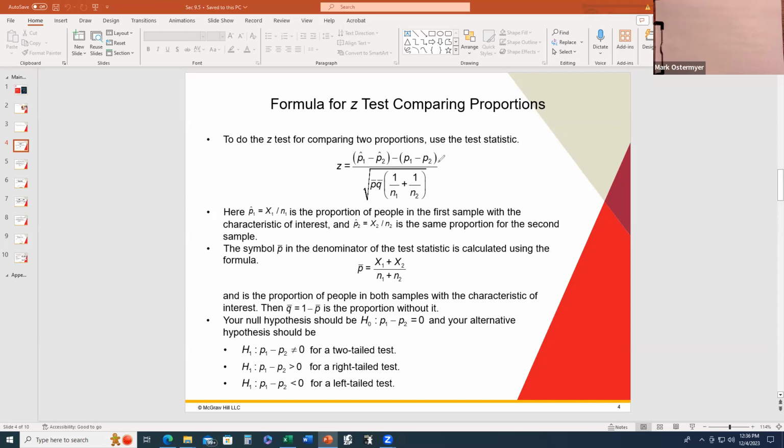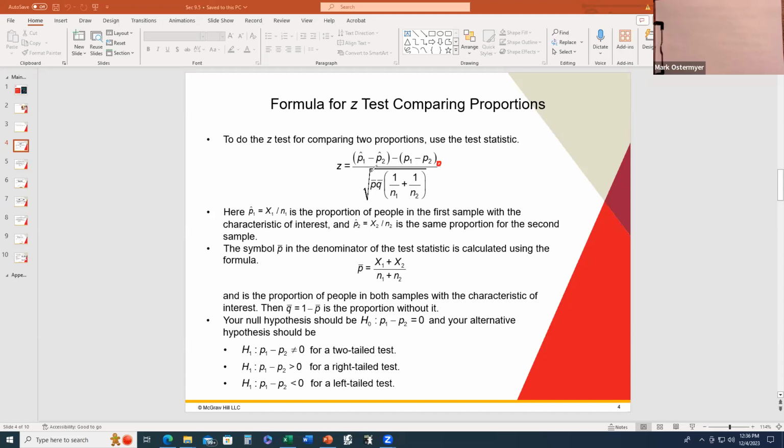So as always, this should be denoted with a little subscript zero there, because that's under the assumption that the null is true. Divided by the square root of this, which is going to be the standard error of the sampling distribution of the differences between all sample proportions chosen from the respective populations.